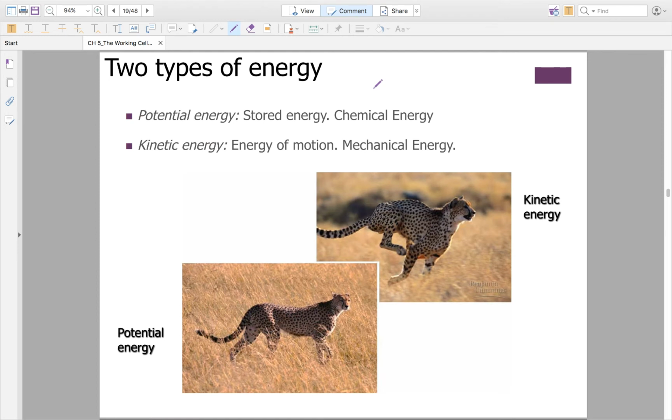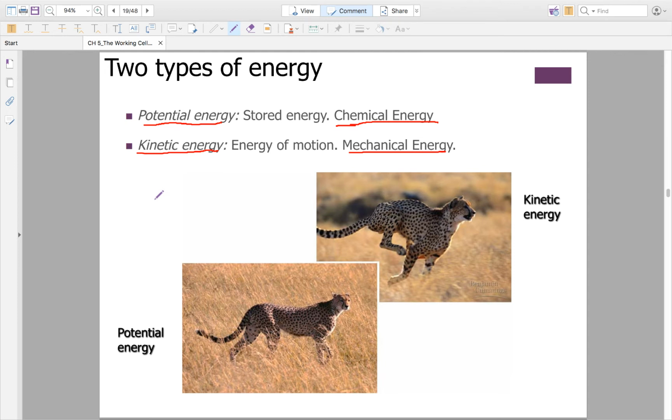Now, when I said chemical energy, that's found in plants, that chemical energy has another term, which is potential energy. And we also talked about mechanical energy, which is really kinetic energy. So I want you to understand that these two are basically the same thing, energy and motion.